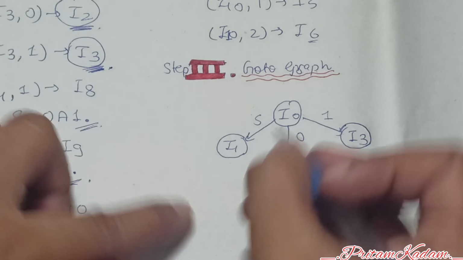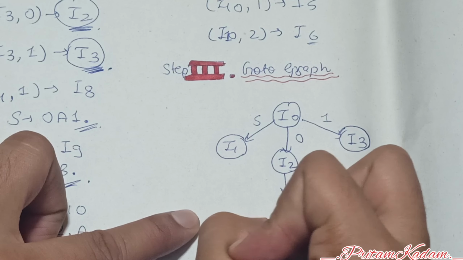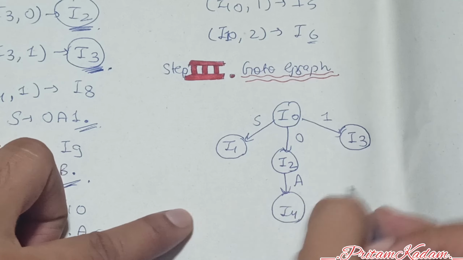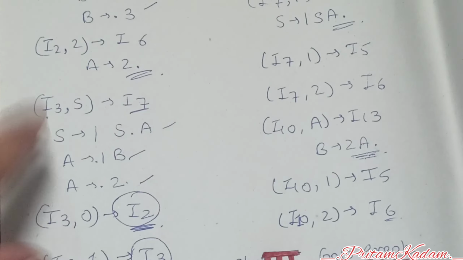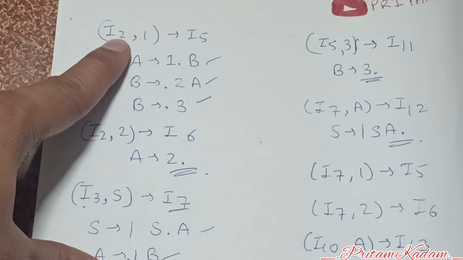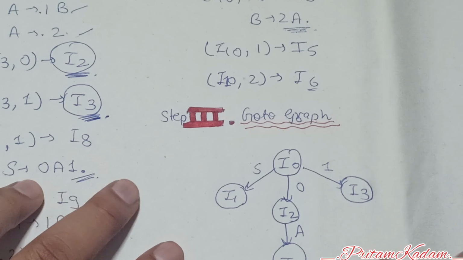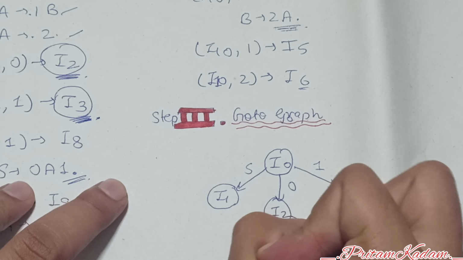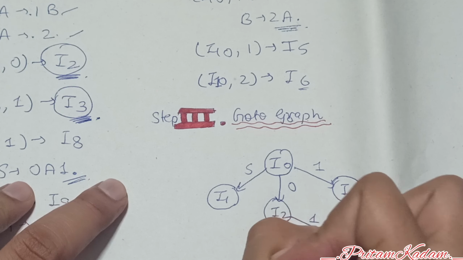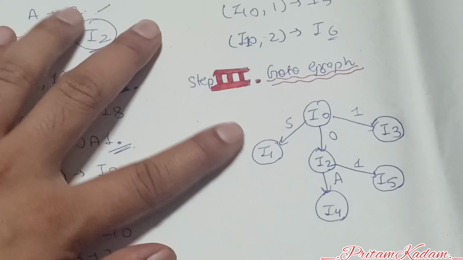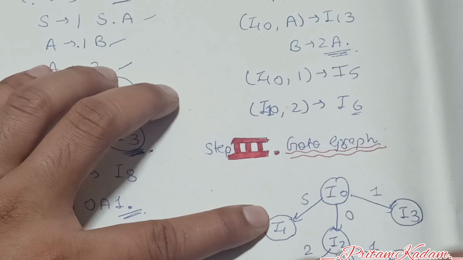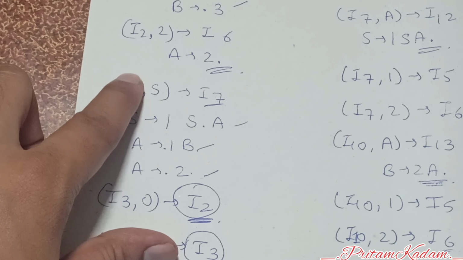On passing A in I2 we got the I4 state, so I4 over here. Now we got I5 when we passed 1 in the I2 state, so we will write 1 and then I5. Then on passing 2 in the I2 state we got the I6 state.